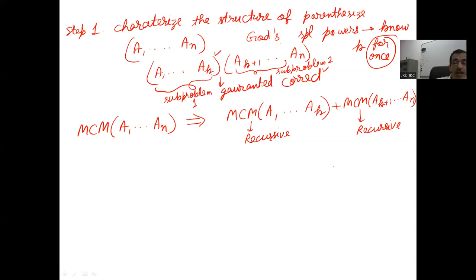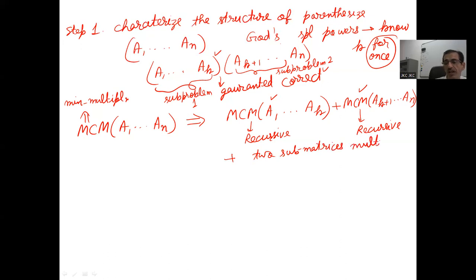So now the characterization can be made, and I'm trying to go towards a recursive solution. Having said that, how much multiplication will happen? If this returns the minimum multiplications for overall A1 to An, then it becomes the multiplication of A1 to AK, plus the multiplication of AK plus 1 to An, plus I have to multiply these two submatrices.